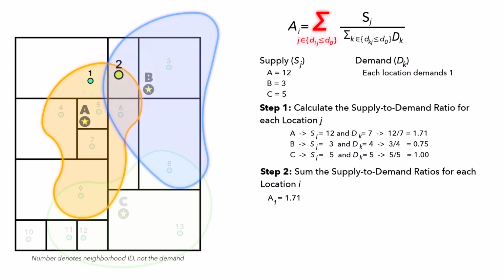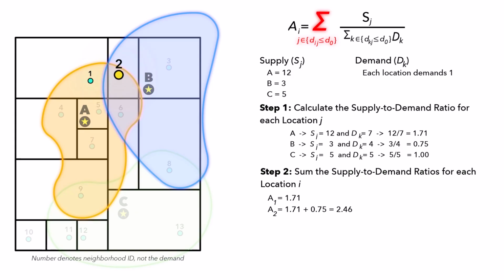But look at neighborhood 2. Here we can see that neighborhood 2 is actually serviced by both facility A and facility B. In this case, our equation tells us to add up the two supply-demand ratios for those two different facilities. And so this neighborhood has an accessibility score of 2.46.